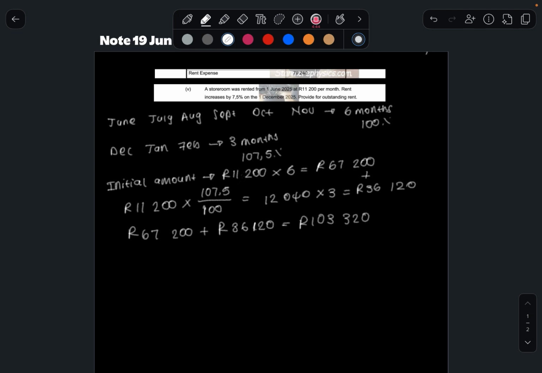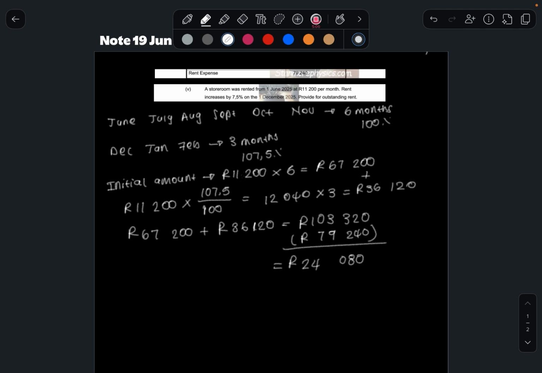To find the outstanding, we're going to subtract the amount that we have already paid, 79,240. So our outstanding amount would be 24,080. This is the amount that's outstanding.